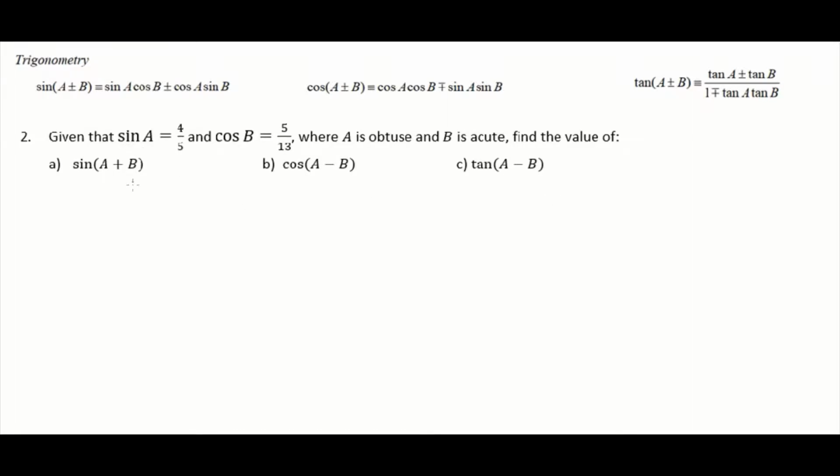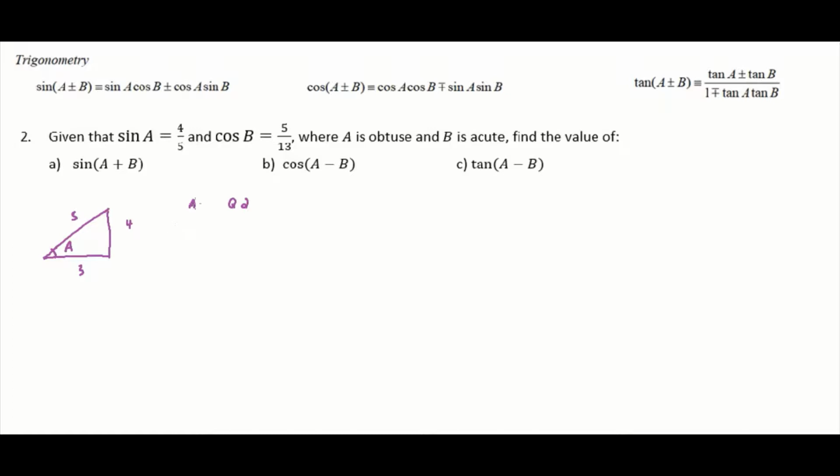So you already know that sine A is 4 over 5. So let us just try to draw a triangle for it. So you have A, and your opposite is 4, your hypotenuse is 5. So you should know that your adjacent is 3. So A is obtuse, meaning A is in quadrant 2. So for quadrant 2, later you remember when you do your cos and tangent, it must be negative.